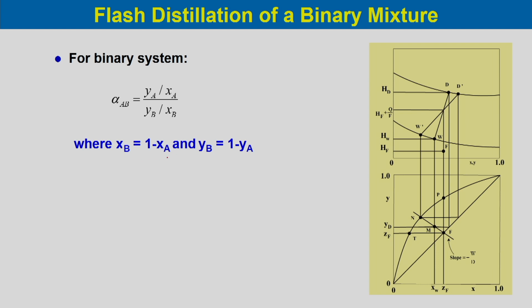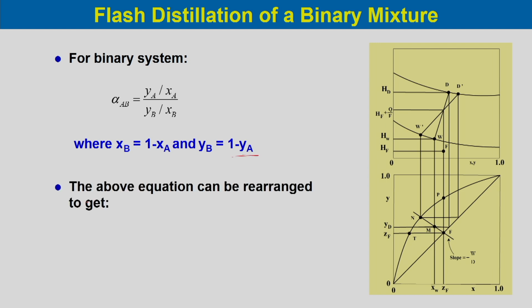XB would be equal to 1 minus XA and YB would be equal to 1 minus YA. So, the above equation can be rearranged to get y equal to alpha x divided by 1 plus alpha minus 1 into x. This is the relative volatility equation. Knowing the value of alpha, we can guess any value of x and find y.